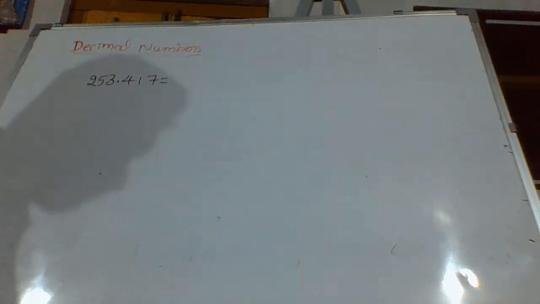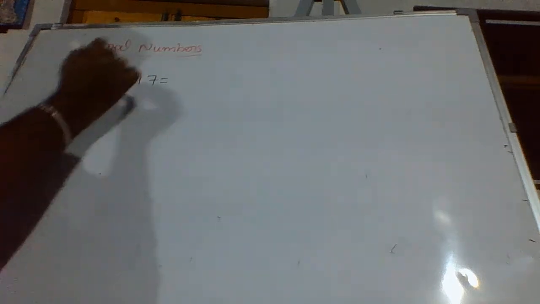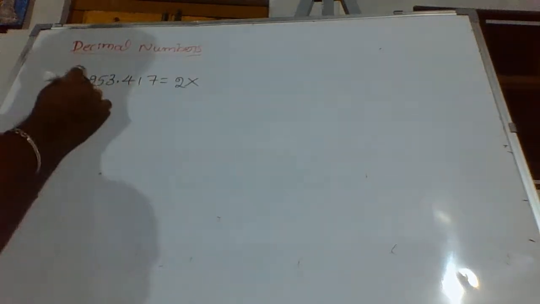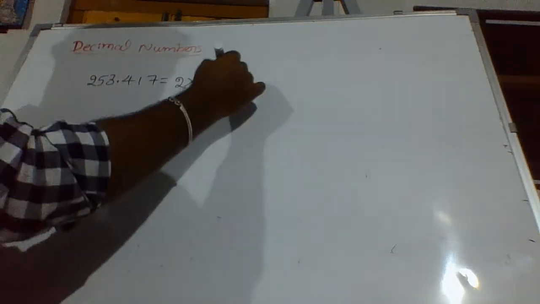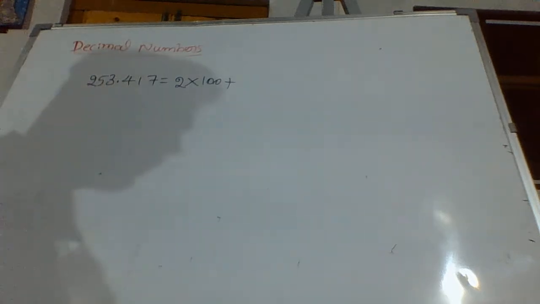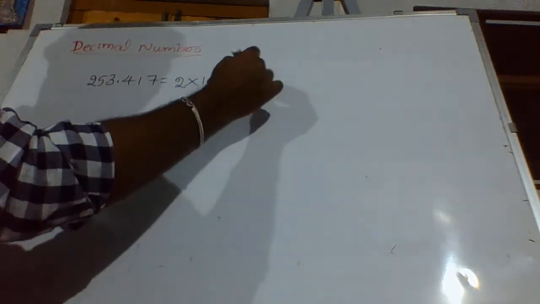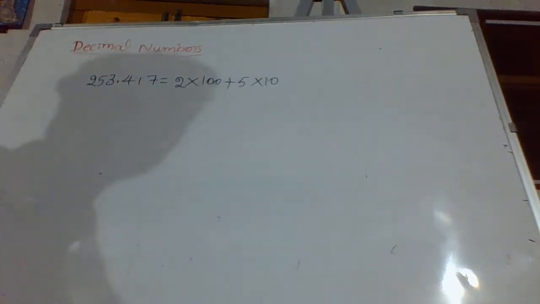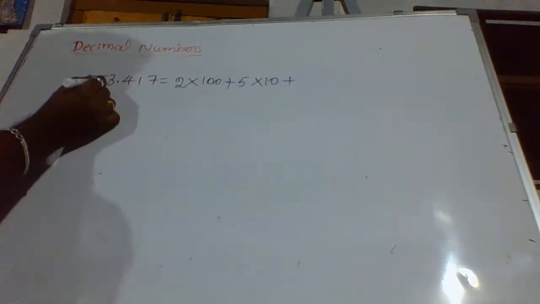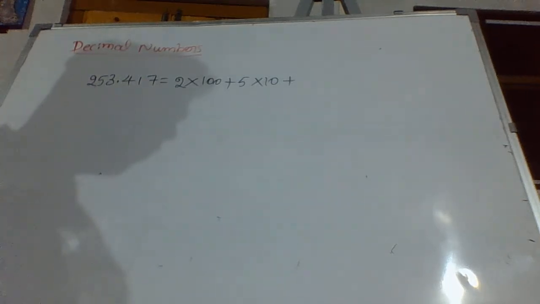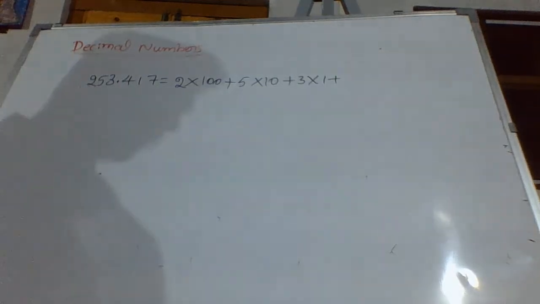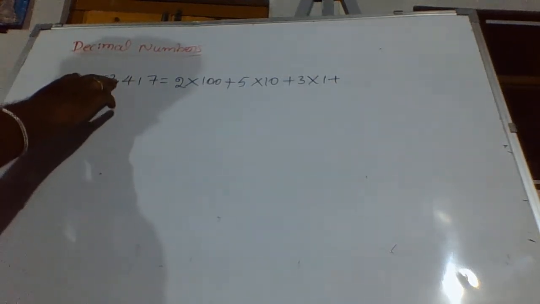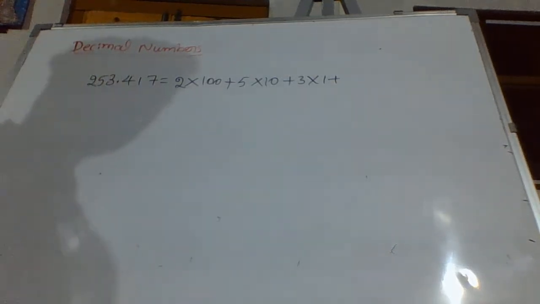So here we will expand this number. First we will consider this 2. This 2 is at the hundreds position. Therefore what will we write? 2 into 100 plus. Next, 5 is at the tens position. Therefore 5 into 10. Next, plus, we will consider this 3. 3 is at the units position or ones position. So how to write it? 3 into 1 plus. After 253 this is the decimal point, and after this again 417 is there.